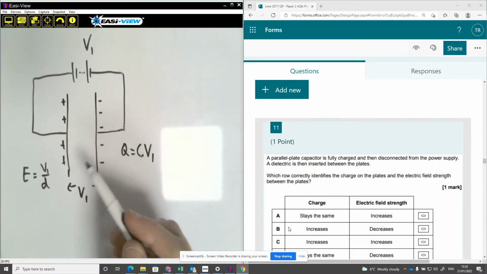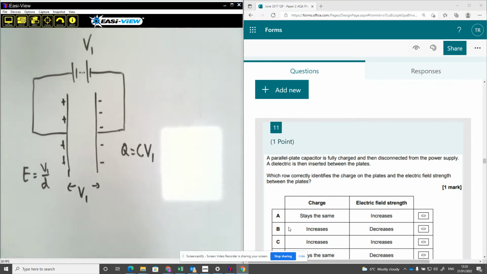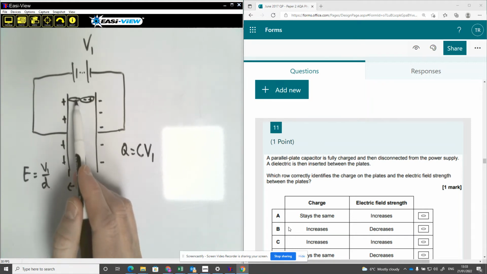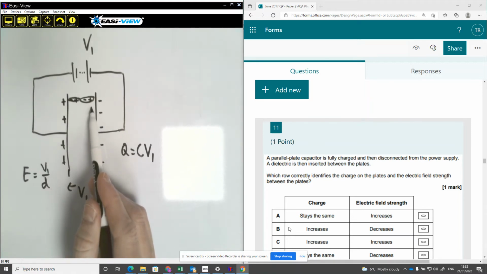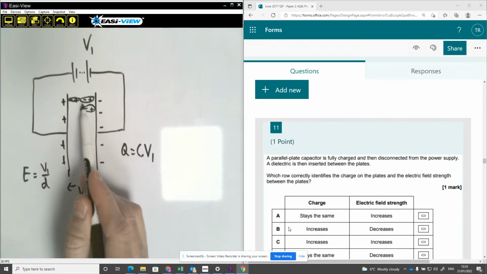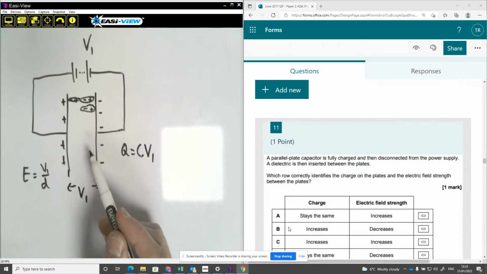If we put a dielectric in, a few things happen. Having a dielectric between the plates increases the amount of charge you can have for a certain voltage. This polar material will arrange itself with pluses on this side and minuses on this side, and they will actually weaken the overall electric field strength.